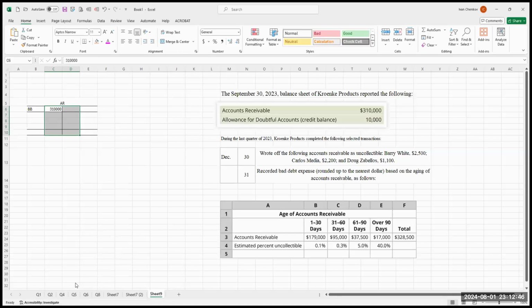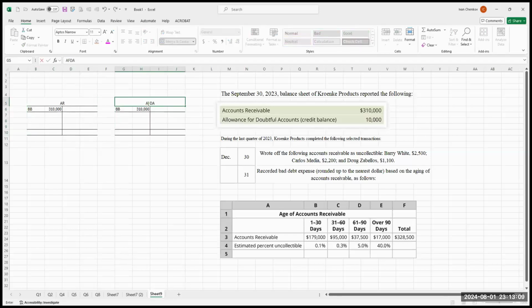On the credit side, we're going to have any collection that we may have. So that's the accounts receivables. Let's get the same thing for the allowance for doubtful accounts.